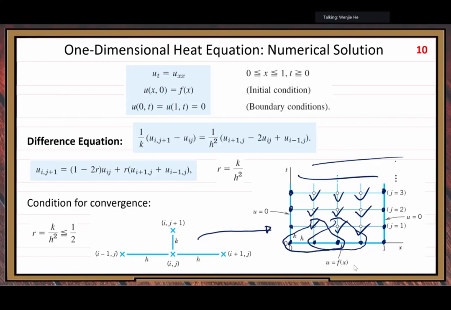You write a computer program. But if you want a good approximation, you want to make the little h very small, and your approximation will be very good.